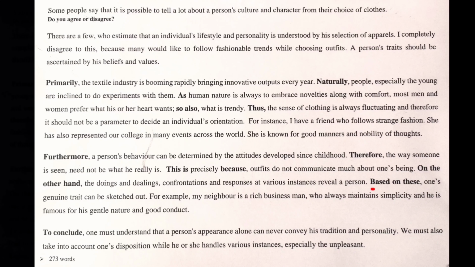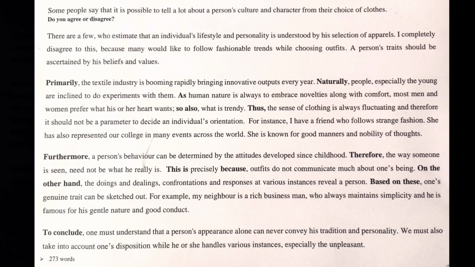So let's read, based on these. One's genuine trait can be sketched out. So in this paragraph, I have only said a simple thing. That is, a person's behavior can be determined by his activities. How he behaves, responds to various situations. Here, the linking words helped me to formulate sentences which are meaningful.